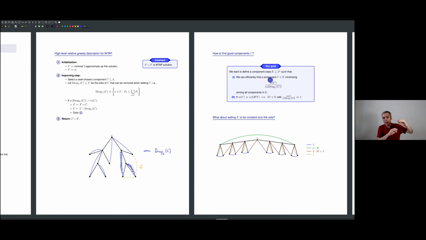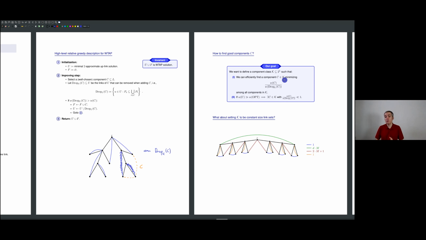So it's essentially bang per buck. To be precise, it's buck per bang because I'm minimizing, but that doesn't roll so nicely. In any case, you got the idea. We want to minimize that over all components in K, so we want a component class that allows for minimizing efficiently.